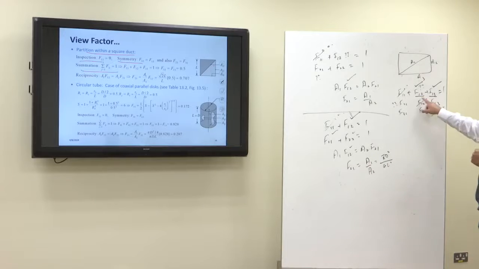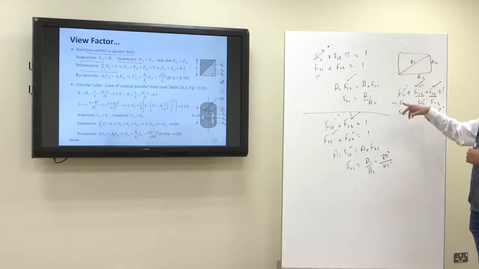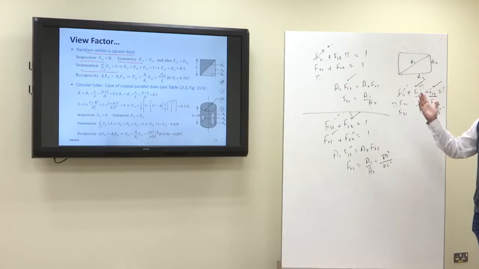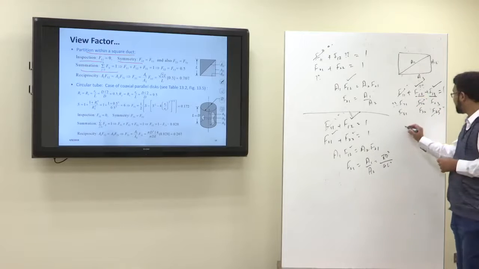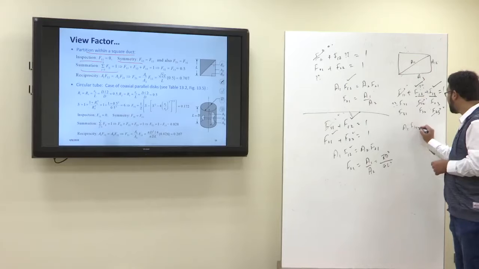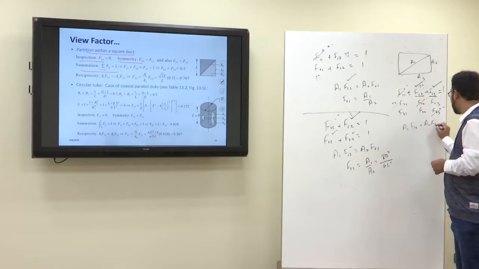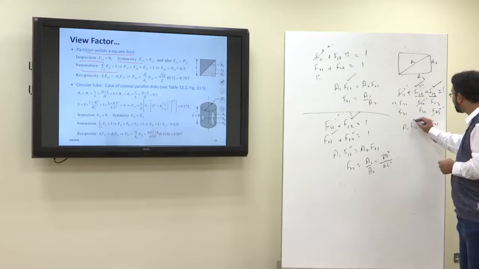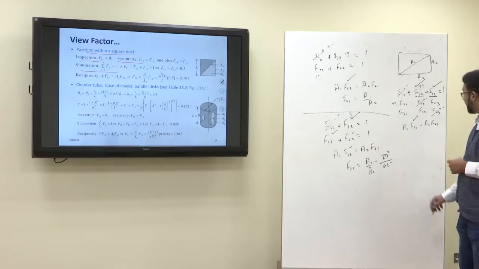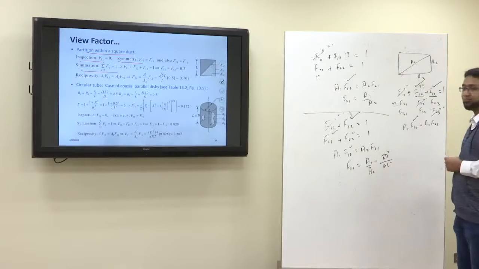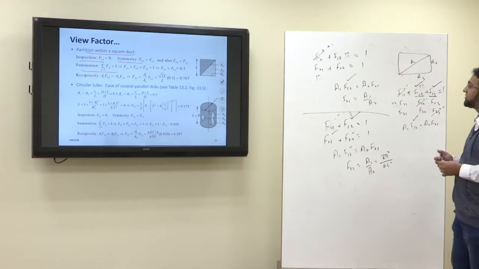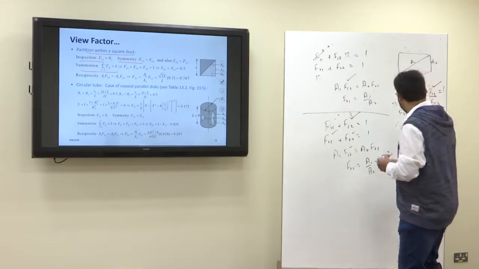So from 1 to 2 and 2 to 1, I can use the reciprocity law, if I know the areas. The reciprocity law says that A1 F12 is equal to A2 F21. Now F12 I know. A1 and A2: let's talk about A2.